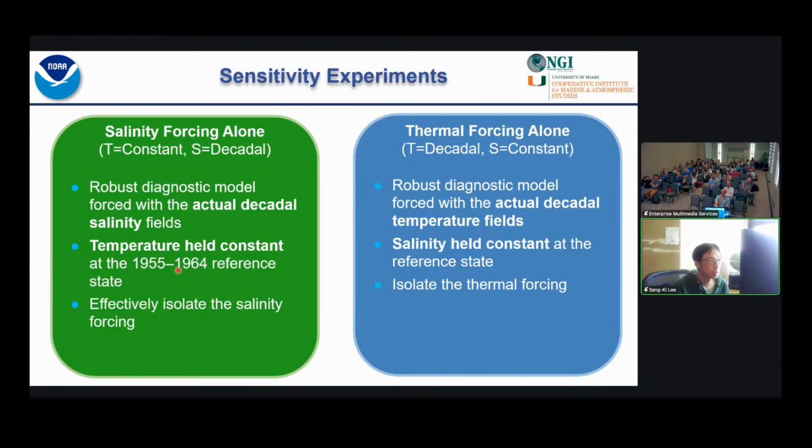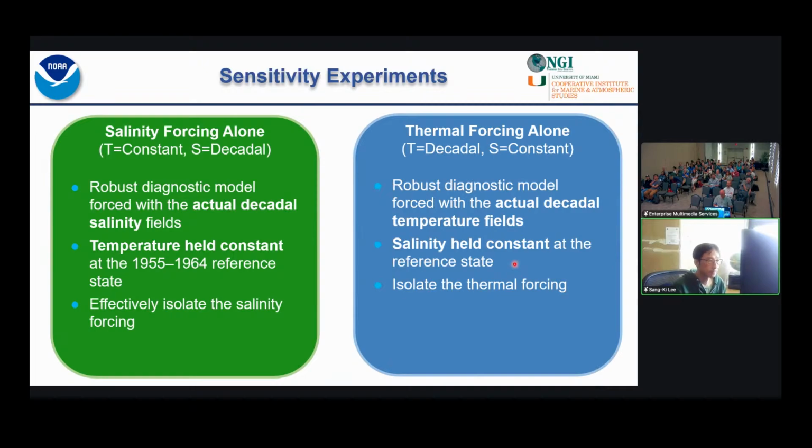However, the temperature was kept at the reference period, just a monthly climatology repeating, so no interdecadal changes in temperature. This set of experiments will isolate the impact of salinity. In the second set, the model was forced with the actual decadal temperature field, and the salinity was kept at the reference level, in order to isolate the impact of thermal forcing.